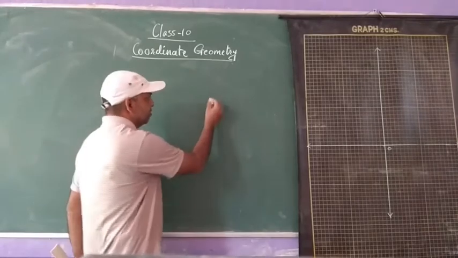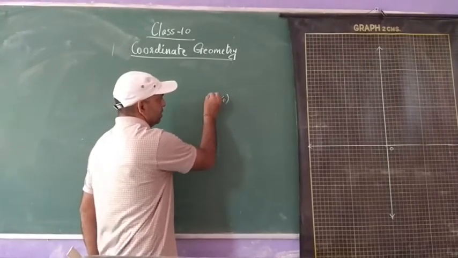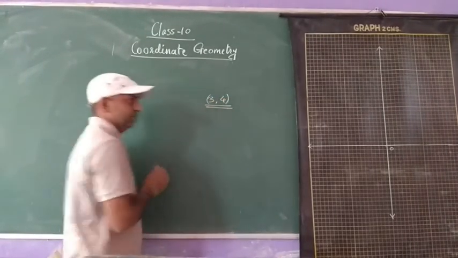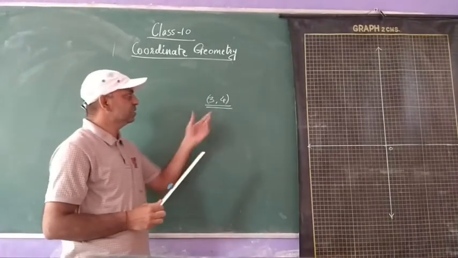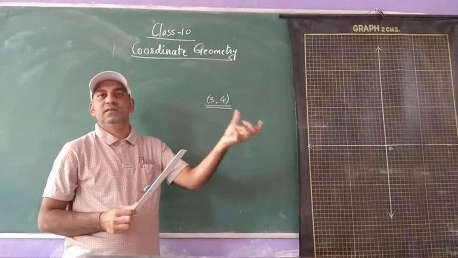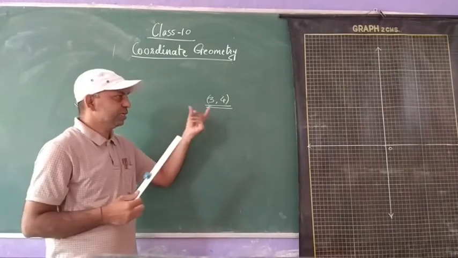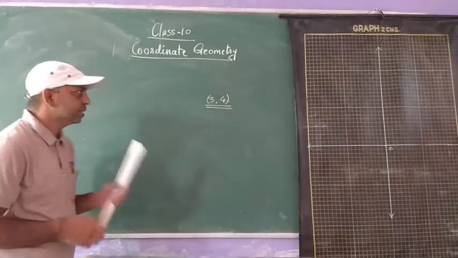Suppose one point is given, that is (3, 4). Then in which quadrant is this point located?